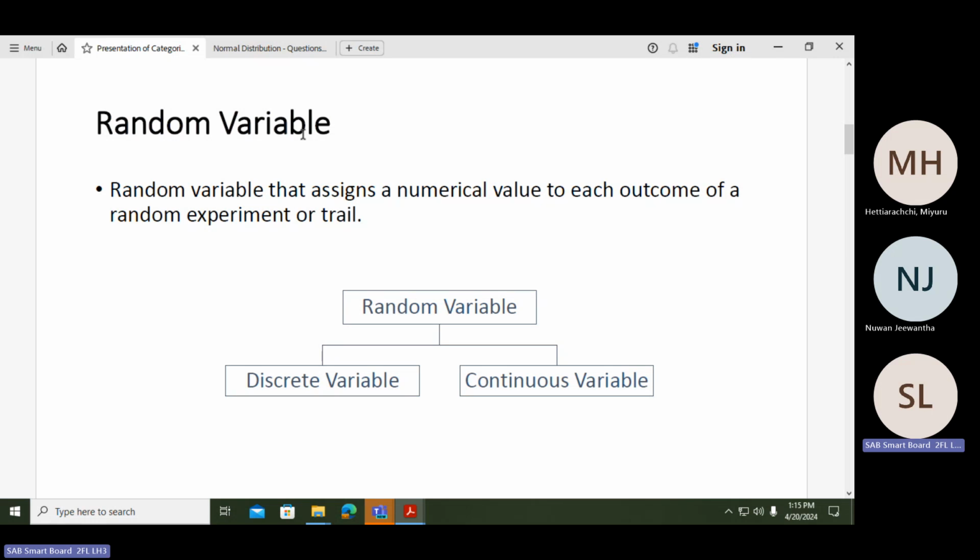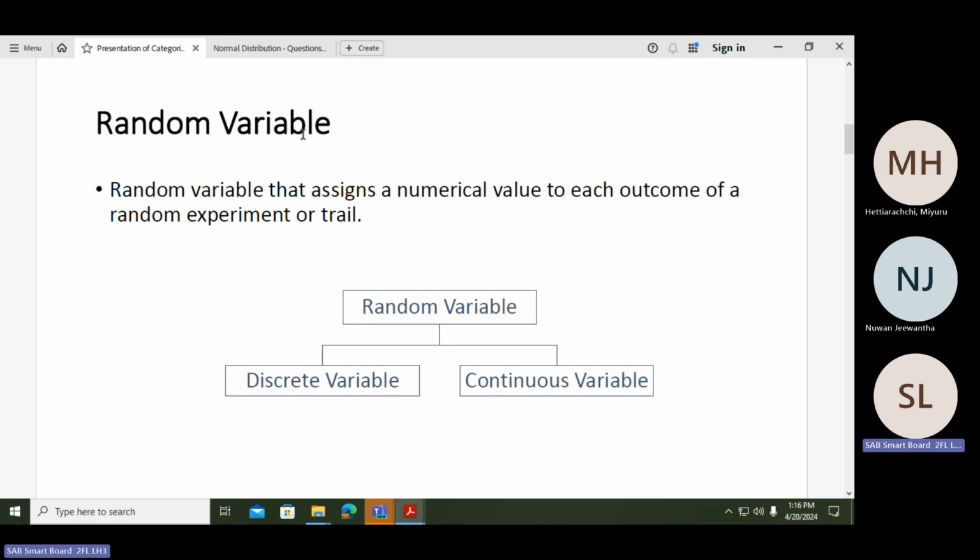Both times we can get tail. Then what is other? Head and tail, and tail and head. These are the possible outcomes, all possible outcomes in this particular random experiment, tossing a coin twice. Head head, tail tail, head and tail, tail and head.